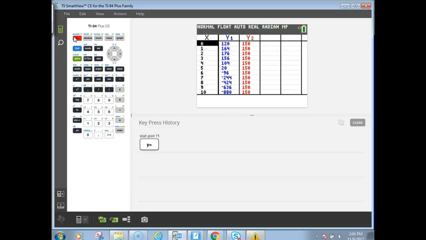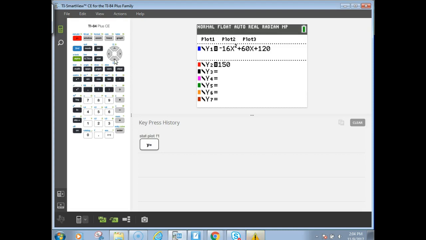I was using this earlier, so was this 64 instead of 60 there, right? And what was the initial height again? Was it 80? I'm just adjusting this equation. And then I need to delete that.